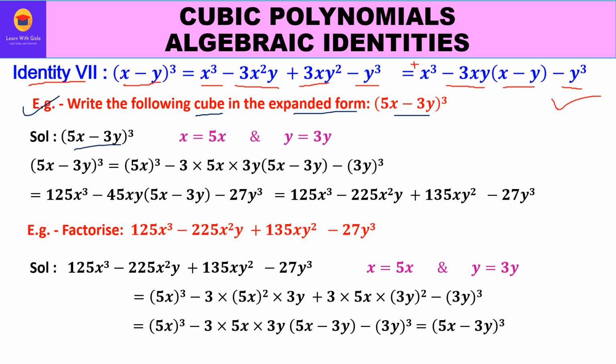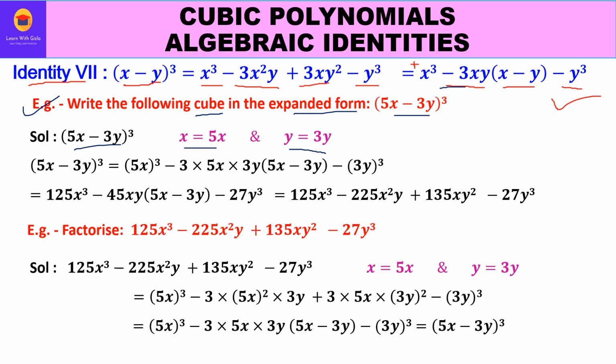If you have the question 5x minus 3y whole cube, naturally your x is 5x and y is 3y. So identity says whenever you have 5x minus 3y whole cube as factors, the product will be x cube minus 3xy(x minus y) minus y cube.